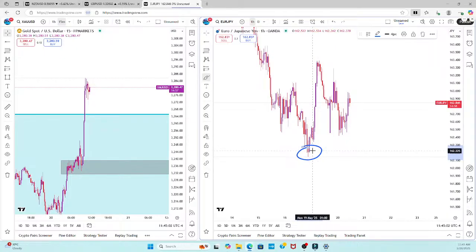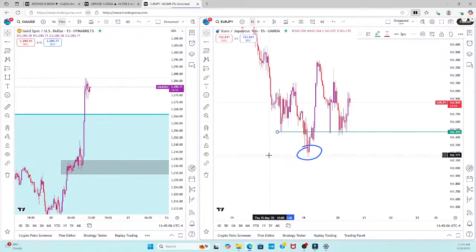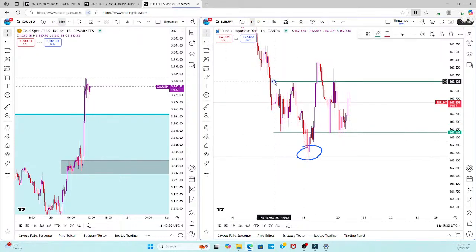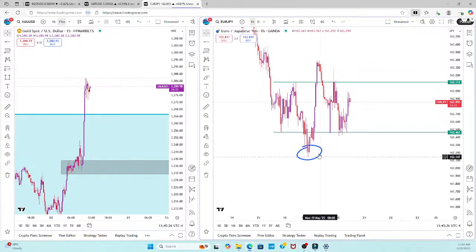Our previous lower low in this case is this thing right here, 162.46. And then the previous lower high in this case is this right here. I mark these levels down so I understand where the price is at this point in time.